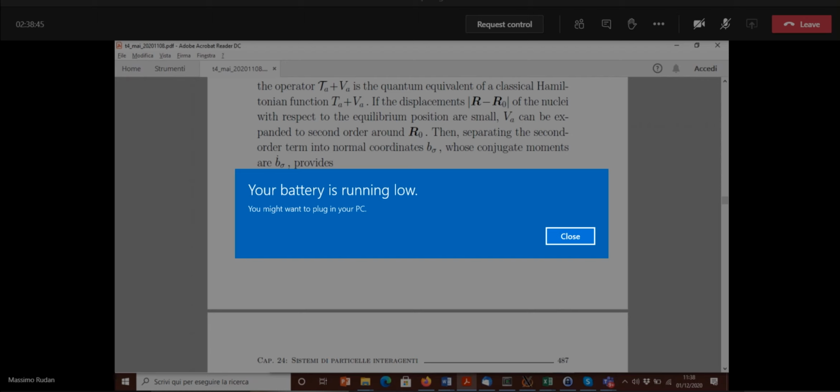Okay, what we do is simply that we quantize each classical Hamiltonian. In this case, there is no problem of divergence and there is no problem of choice between different Hamiltonians, because in the electromagnetic case, as you remember, we were dealing with complex quantities, okay?